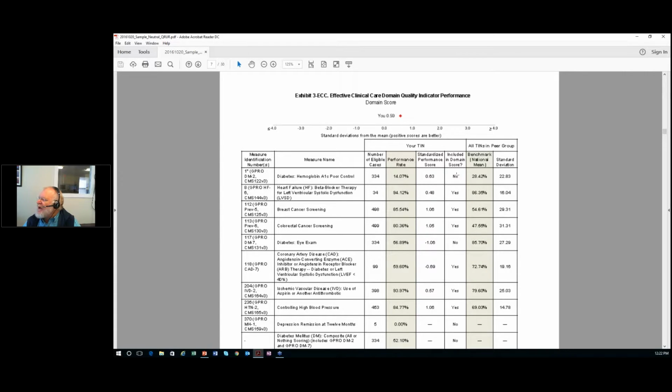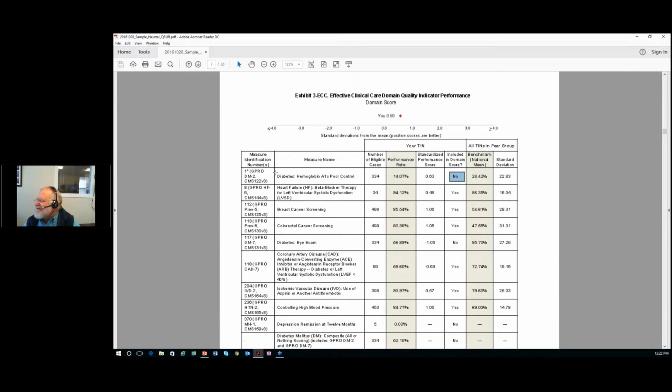Now, this one is not included in the domain score. And I'm challenged to understand why that's not included in the domain score. I think it's because it won't be included if the specifications change.